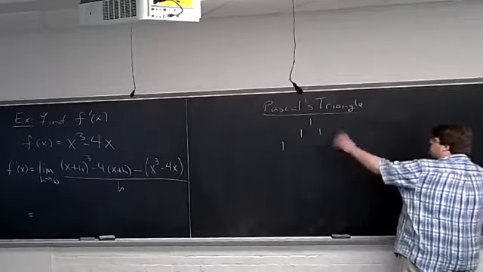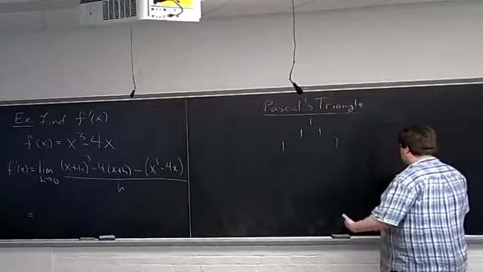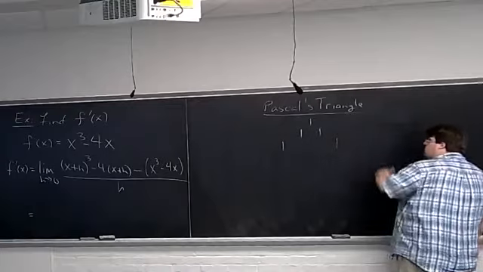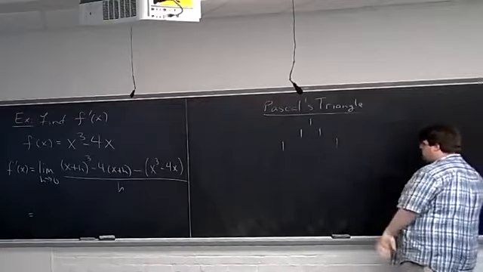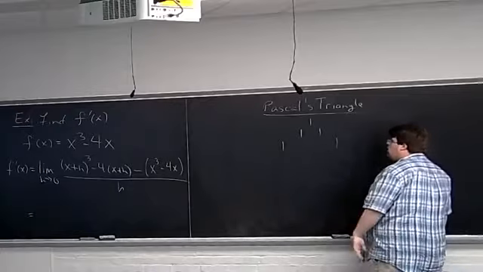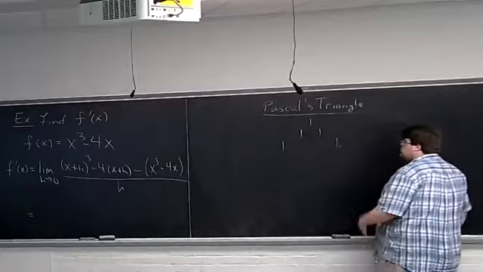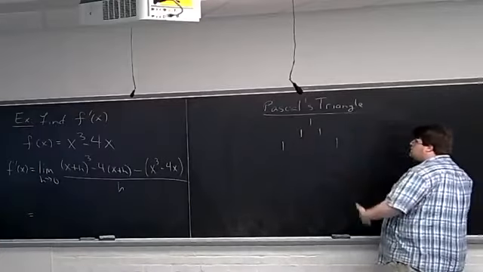The top row, I'll explain why I don't want to say first in a moment, has 1 element. The next row has 2 elements. This one's going to have 3, the next one 4, and so on. Start and end with a 1, and then the number between the ones will be given by the 2 numbers above it added together.